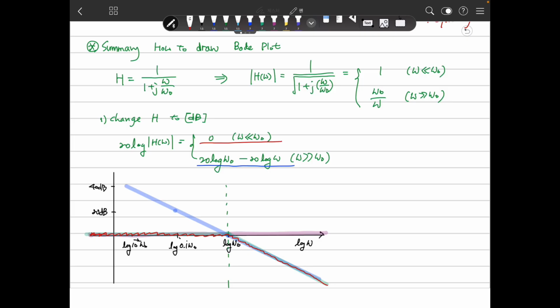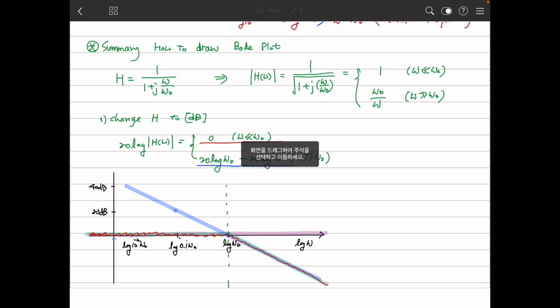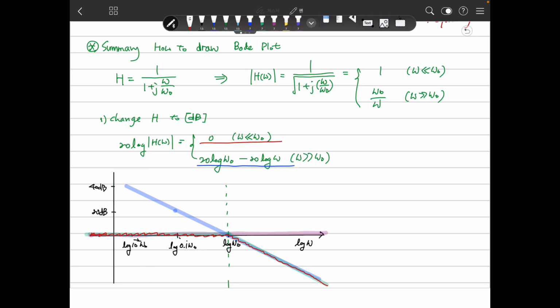Actually, this is a kind of asymptotic graph. So if you want more exact values, okay.